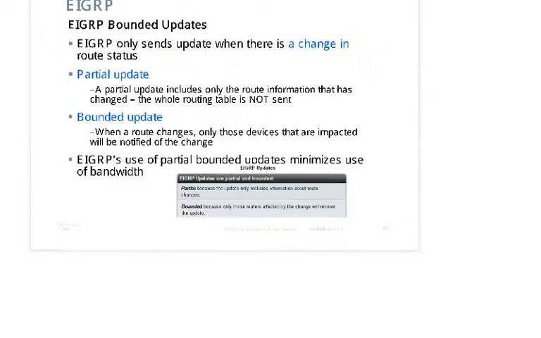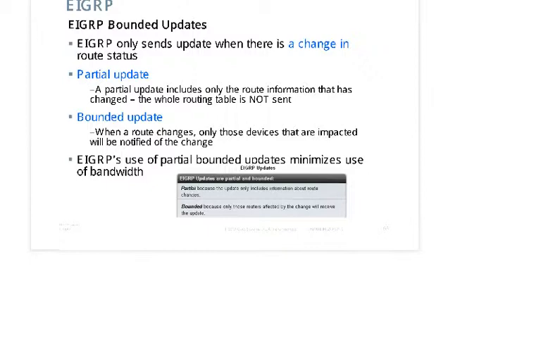And of course, this happens in a triggered way. So the updates are triggered, partial and bounded. Triggered means that it's not periodical. Only hello packets are periodical, but the updates are not.